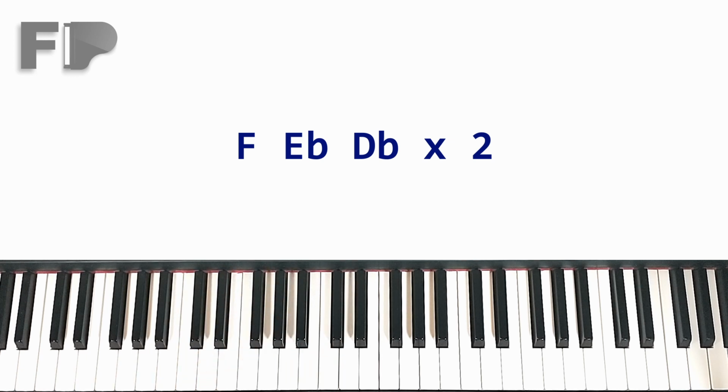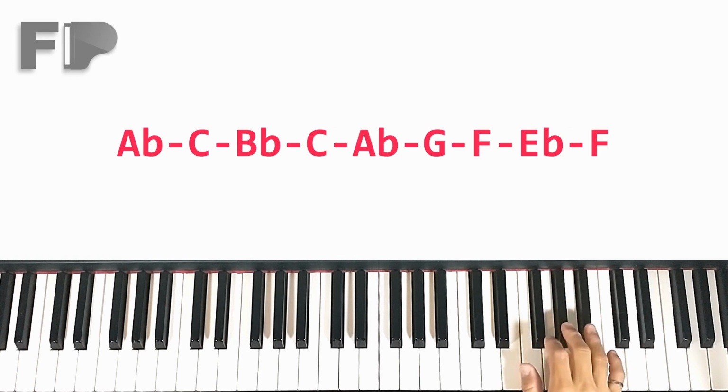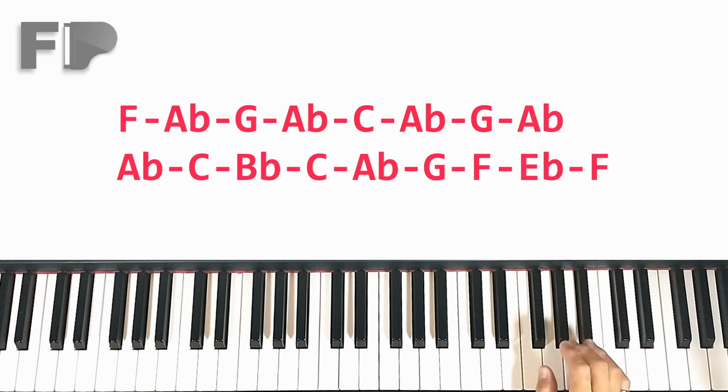Play what we had learned before: F, A flat, G, A flat, C, A flat, G, A flat. Next we'll play A flat, C, B flat, C, A flat, G, F, E flat, and F. Let's try that again.